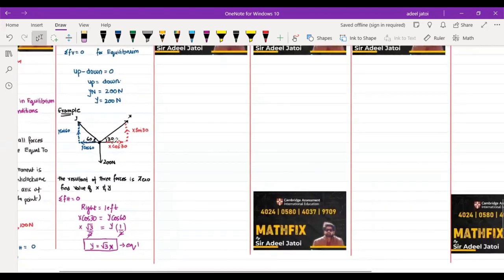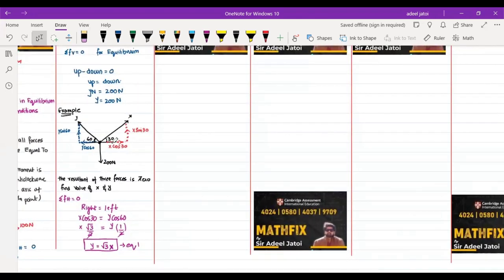Now let's work upon the upward and the downward force. In this case, we have an upward and downward force, so summation of F vertical should be equal to 0.